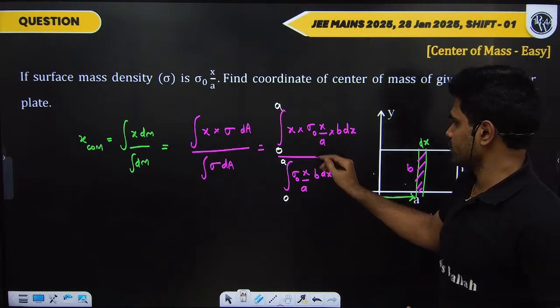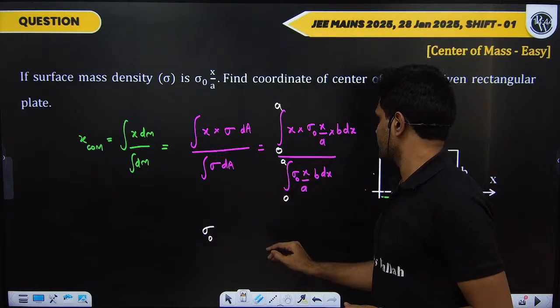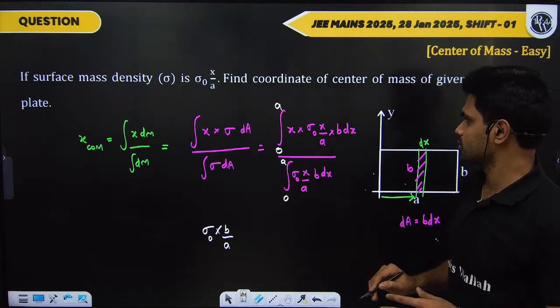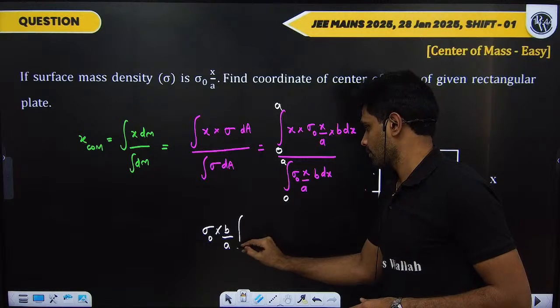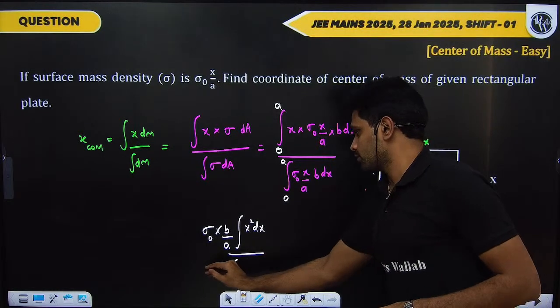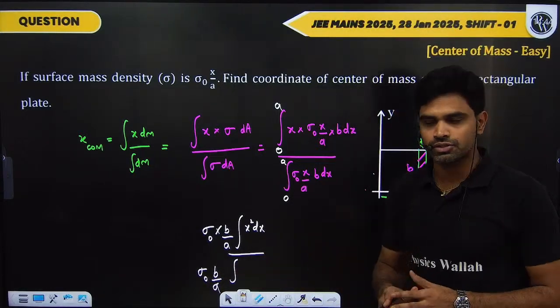Let us do this integration. Sigma naught by A also comes out, as it is constant. Integral x square dx in the numerator. In the denominator, integral x dx. Here also sigma naught comes out, b by A comes out. They are constant.